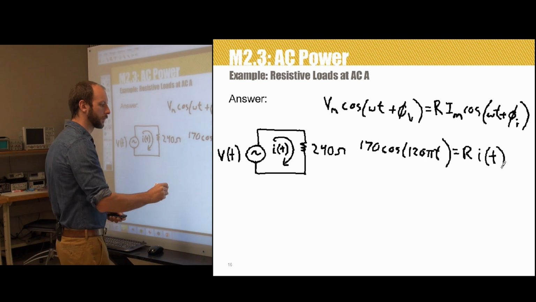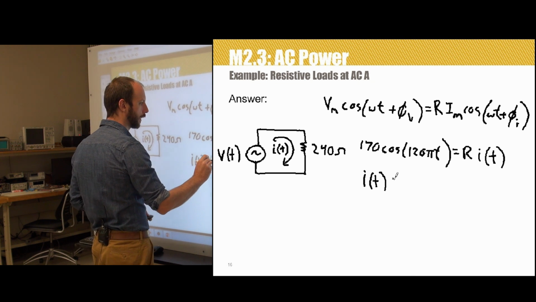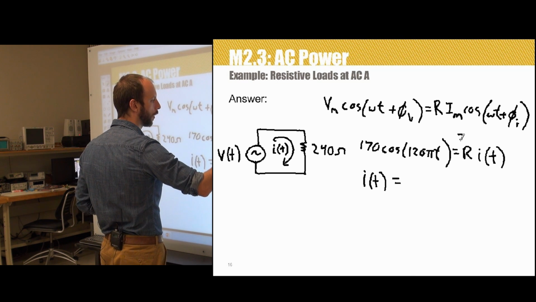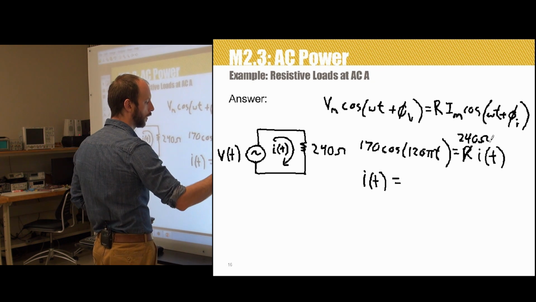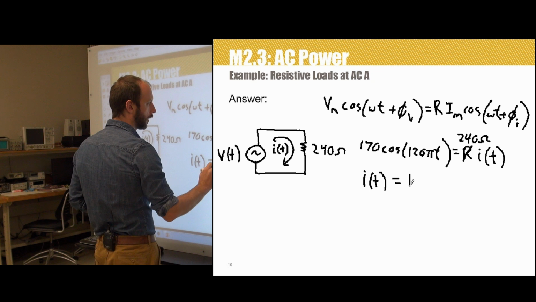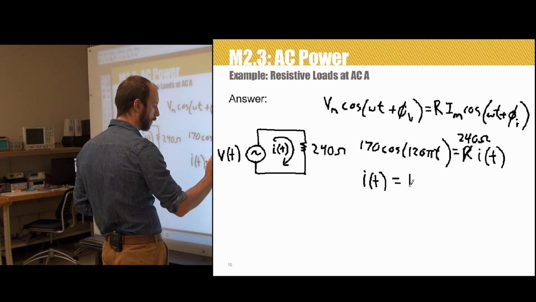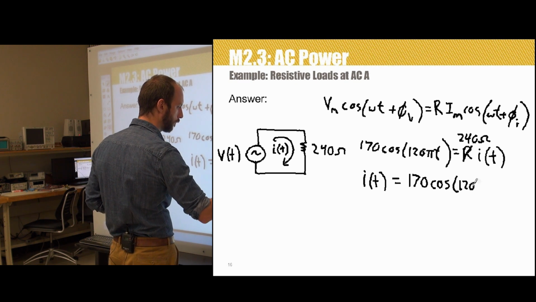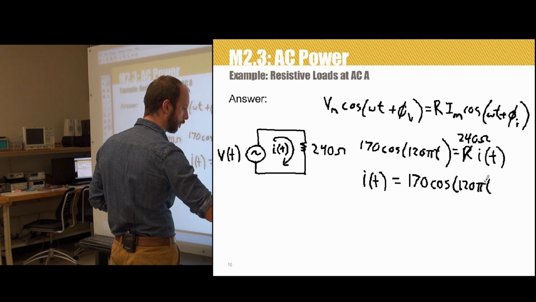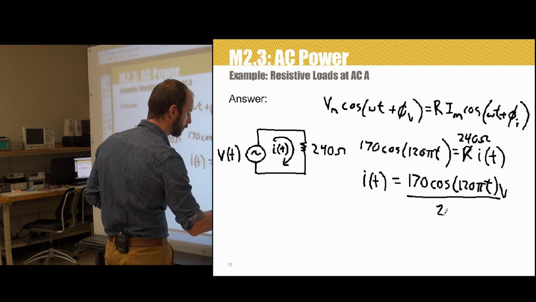And so we can just divide. We get i(t) is then equal to, R was 240 ohms, so that'll be 170 cosine of 120 pi t volts, and we divide that by 240 ohms.